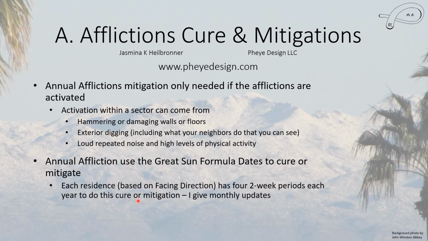Now, these dates are based on the facing direction of your property, and each residence has 4 two-week periods in which they can do these cures or mitigations, or they can also start a renovation.